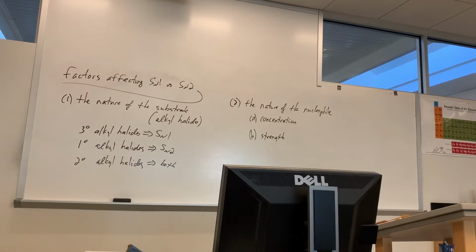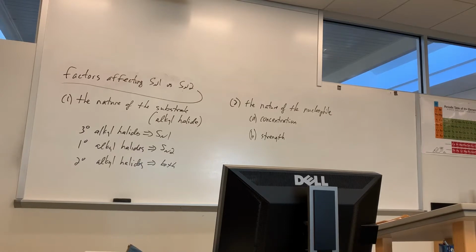How will increasing the concentration of the nucleophile affect SN1? It won't. It won't affect it at all because it's not part of the rate determining step. Yeah, we need some nucleophile in order to do SN1.